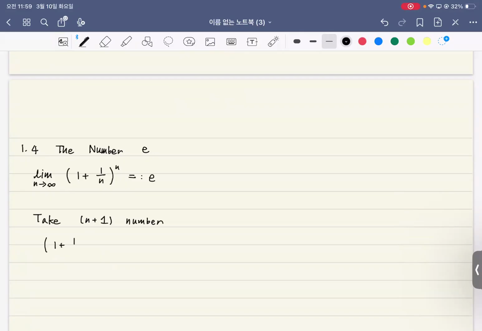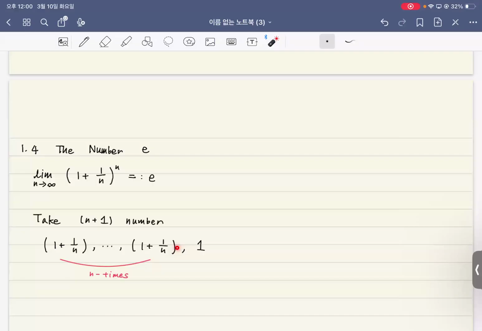I have these numbers, n times, n of the same numbers, with one additional one. So combining all of them, we have a total of n plus 1 numbers, right? And I want to apply the AM-GM inequality for n plus 1 numbers to these numbers, because they are all positive numbers, right?